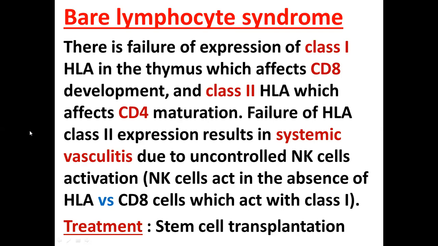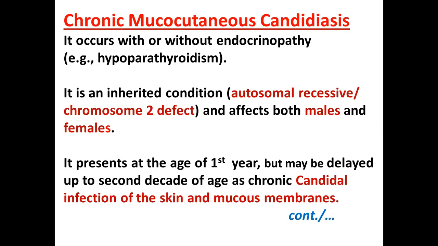You have to repeat some of your immunology items in order just to reactivate your memory. Another condition which is due to T cell deficiency is chronic mucocutaneous candidiasis. This condition may occur with or without endocrinopathy, like hypoparathyroidism.